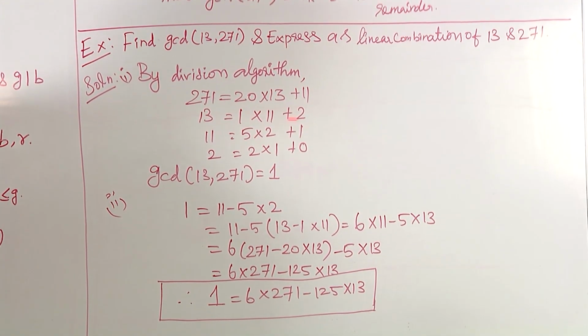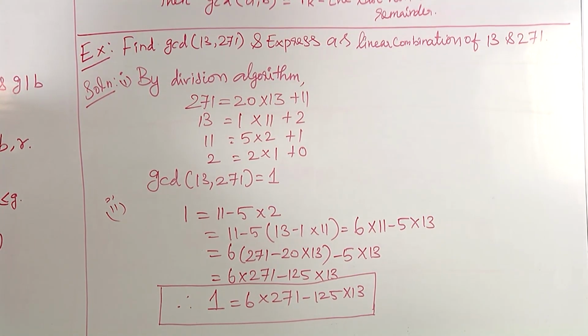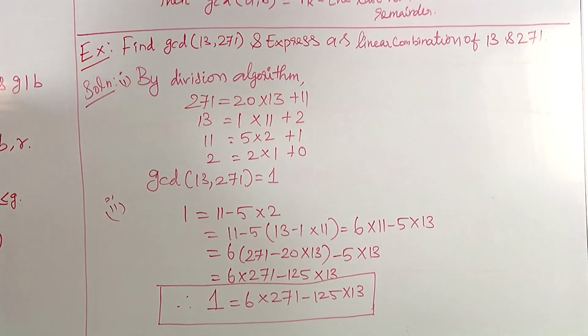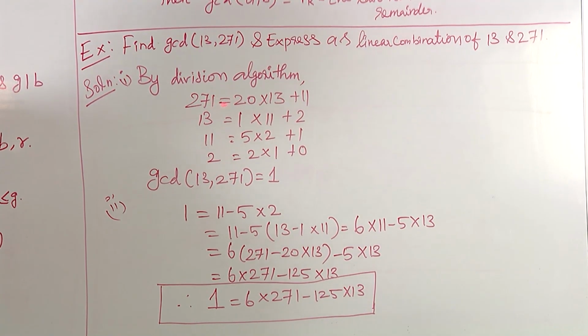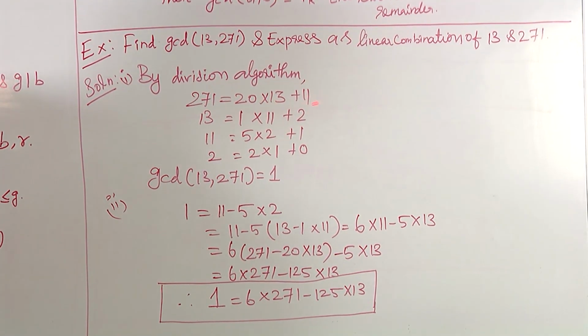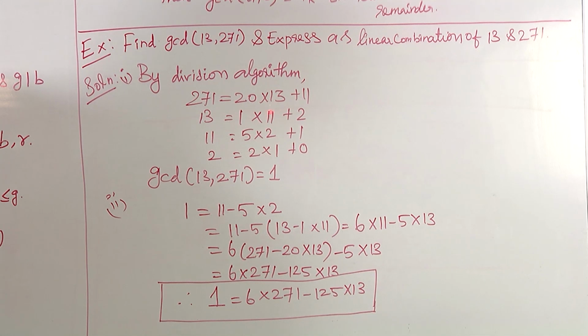The process of finding this we have already discussed in the previous module. So 271 is equal to 20 multiplied by 13 plus 11, and you can see this 11 is not equal to 0, that is, the remainder is not equal to 0.